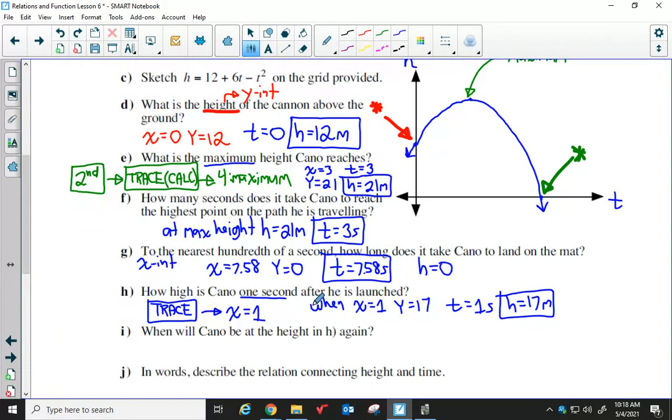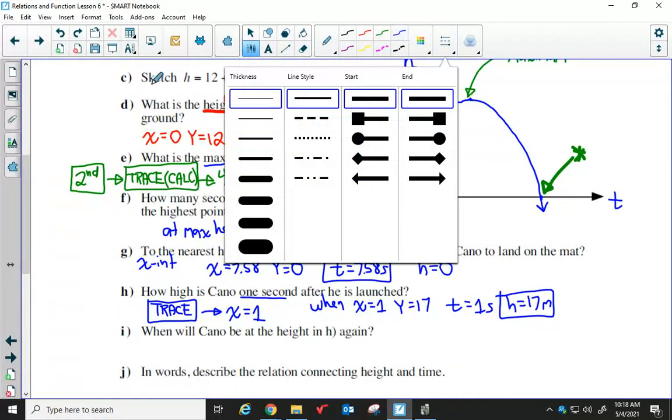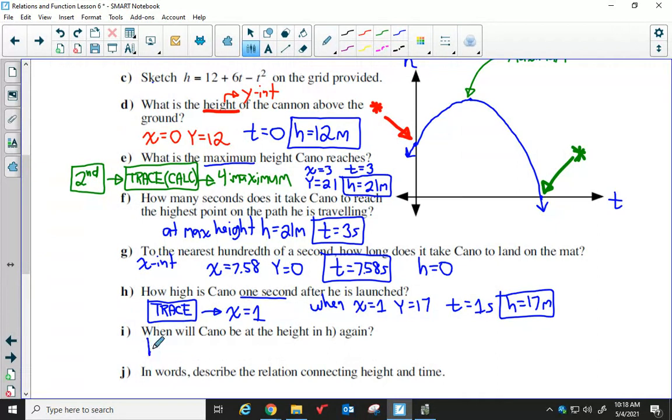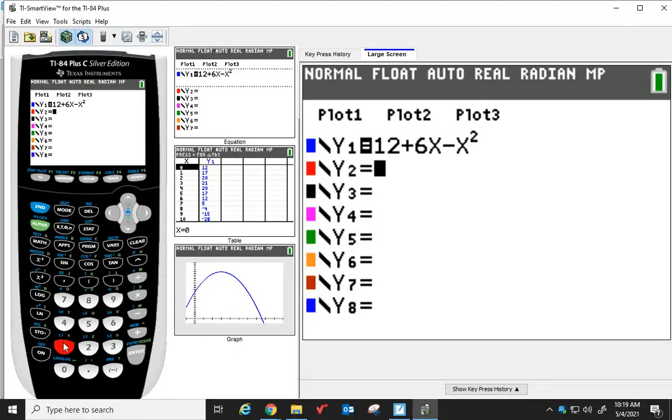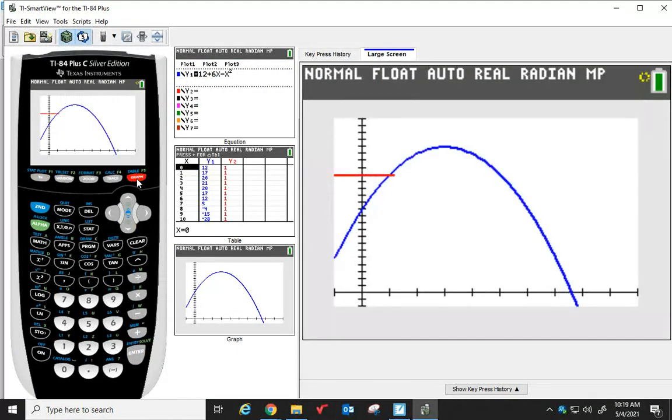So I'm going to make a horizontal line go across the graph at a height of 17 meters. I'm going to do a horizontal line that just goes through the graph at 17. So in the place of y2, I'm going to enter 17. Let's go ahead and do this. We're going to graph this.